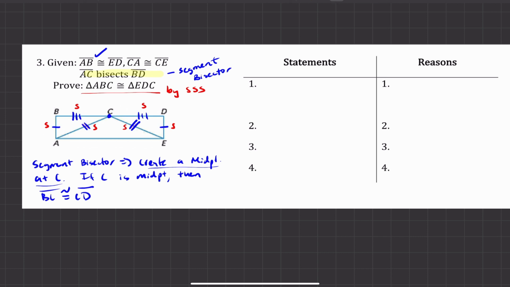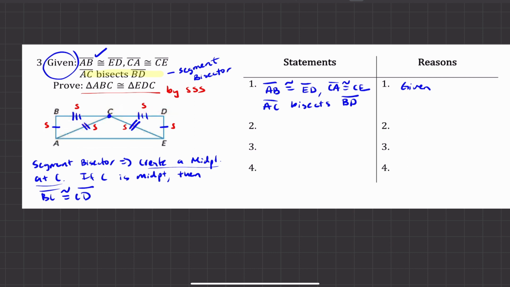So segment AB is congruent to segment ED, and segment CA is congruent to segment CE. And know that segment AC bisects segment BD, and this is because of that given here, okay? And number 2, we can see that segment AC bisects segment BD.